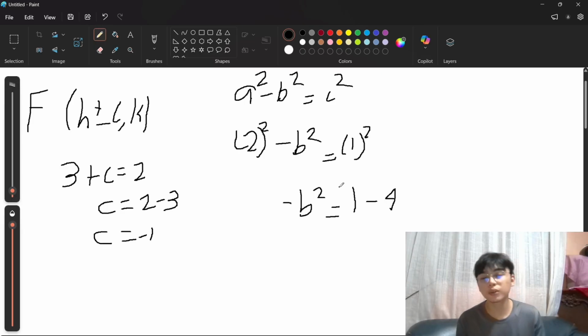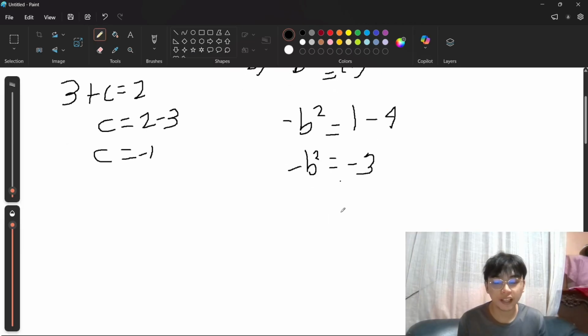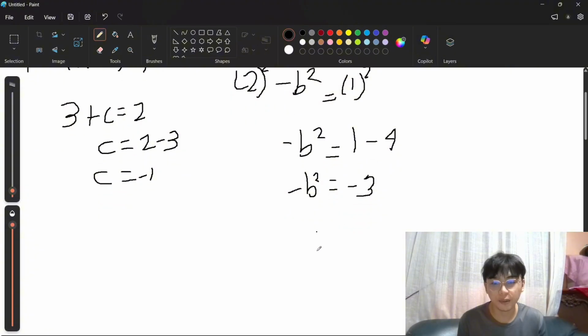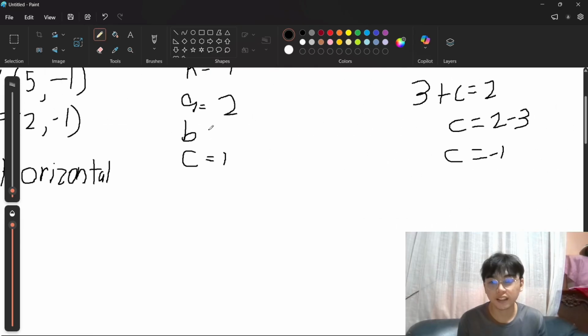Basically we did the operation of 2 squared and moved it to the right-hand side, so that would be negative 4. Then that would be negative 3 equals negative b squared, and then let's divide by a negative, so b squared equals 3. So our b is 3.